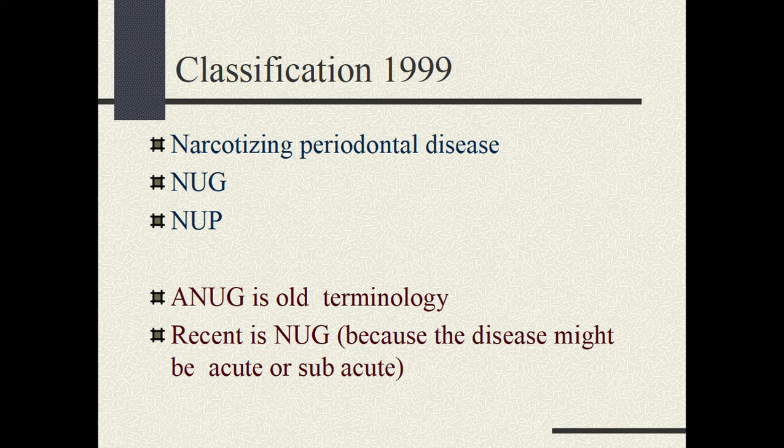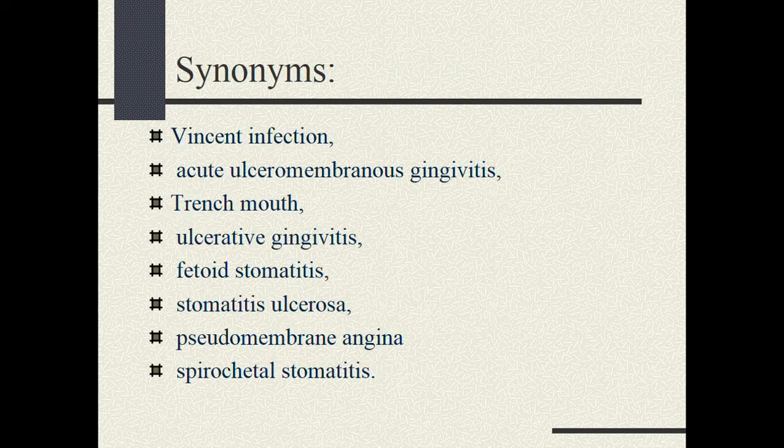The recent one is NUG, that is necrotizing ulcerative gingivitis, because the disease might be in acute or in subacute form. It might be localized or generalized. So the recent terminology is necrotizing ulcerative gingivitis, it is not ANUG. Synonyms are given here on the screen: trench mouth, ulcerative gingivitis, Vincent infection.